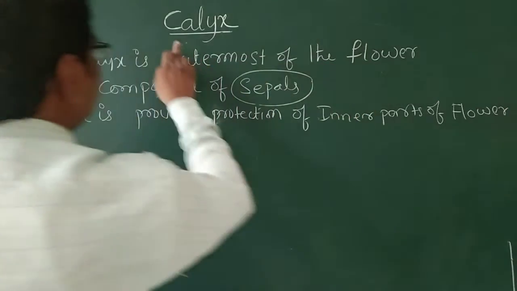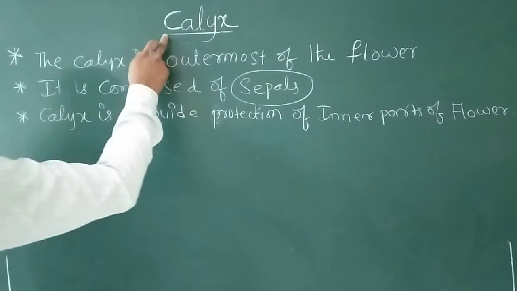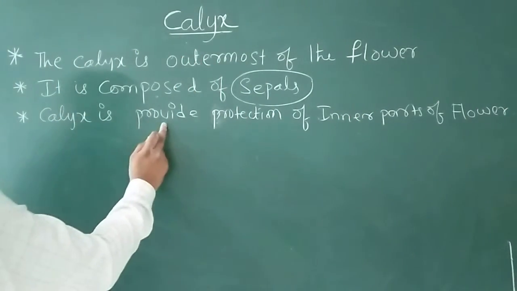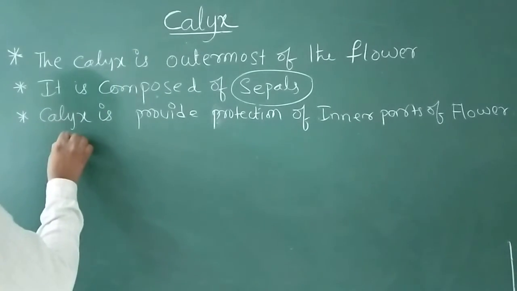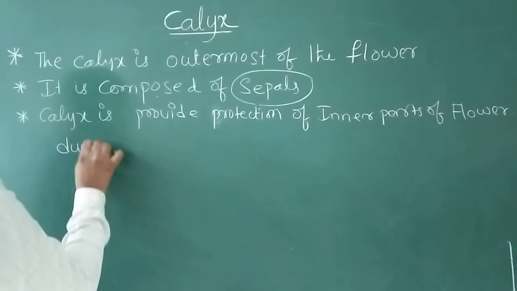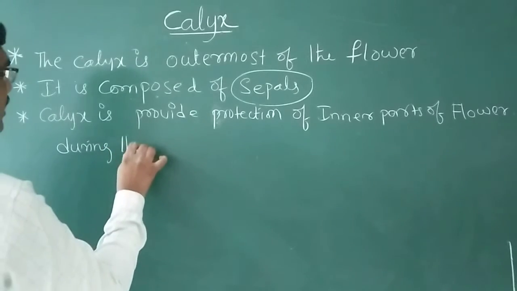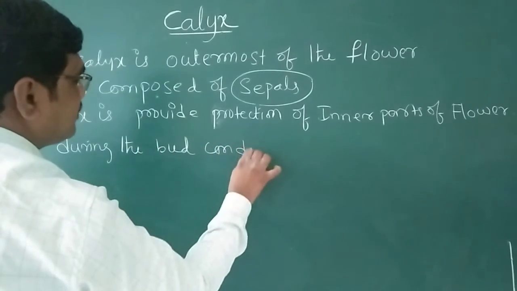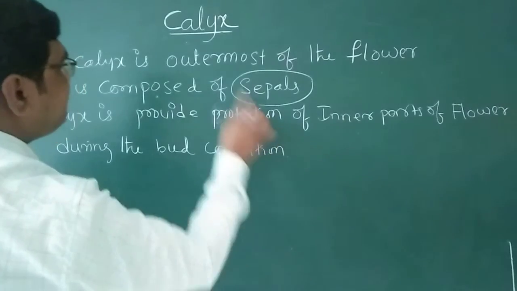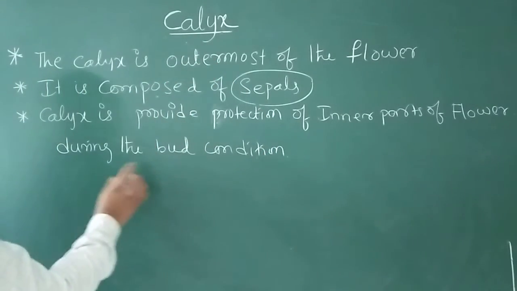Okay? So what is the main function of the calyx? The calyx provides protection of the inner parts of the flower during the bud condition. This is the main function of the calyx.